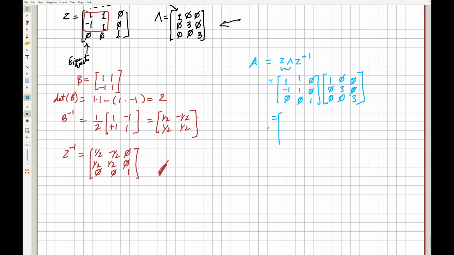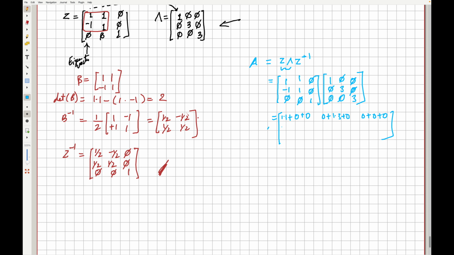So here is what we get. The first row, we have 1 times 1 plus the rest would be 0, plus 0, plus 0. Then for the second position, we have 0 plus 1 times 3 plus 0, and then we have 0 plus 0 plus 0, because we have 0 times 3.